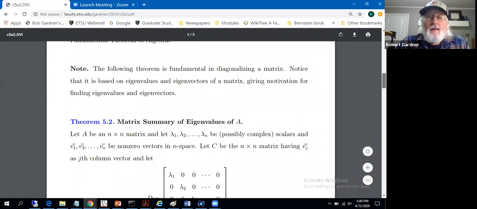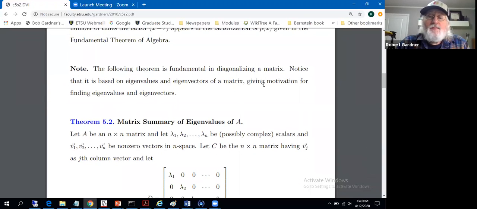Okay. The following theorem is totally fundamental in diagonalizing a matrix. It relates how a matrix is diagonalized to eigenvalues and eigenvectors. So, okay, here's motivation for finding eigenvalues and eigenvectors.